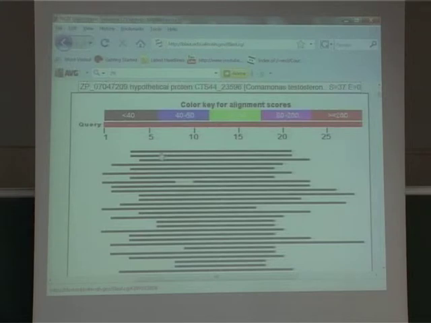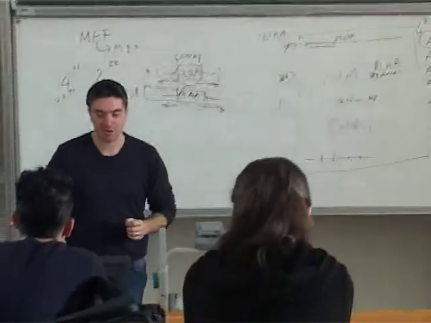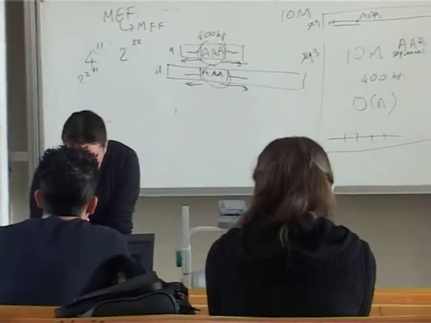There are also hypothetical proteins. These are genes that are identified in the genome, but still their functions are not known. Even if there's the encoded protein, it is not known, so they are called hypothetical proteins. But we get a lot of hits, as you can see.